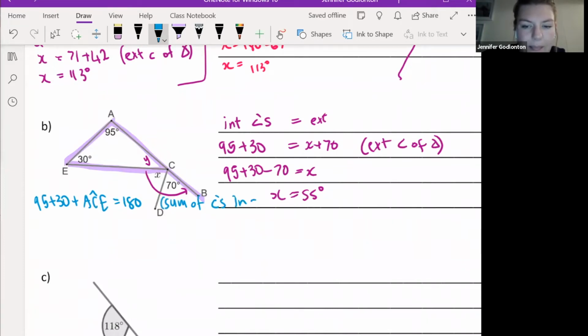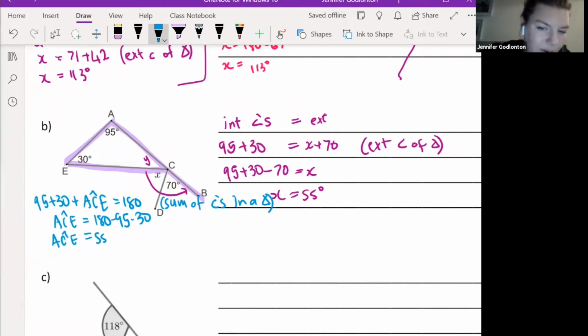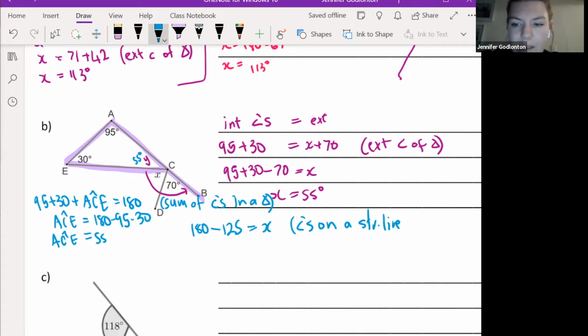And then angle ACE is equal to 180 minus 95 degrees minus 30 degrees, which means ACE is equal to 55. Yes, ma'am. Okay, where did you go from there? And then, ma'am, I said 180 minus 125 degrees is equal to x. Yeah, perfect. What's your reason? Angles on a straight line. Good. Then x is equal to 55. Perfect. 100%.